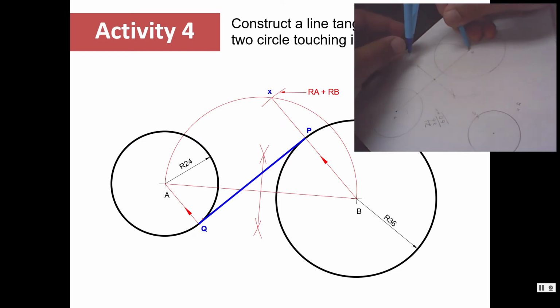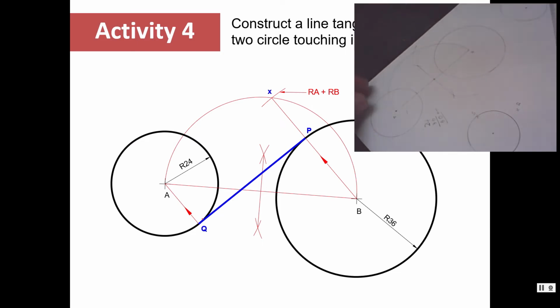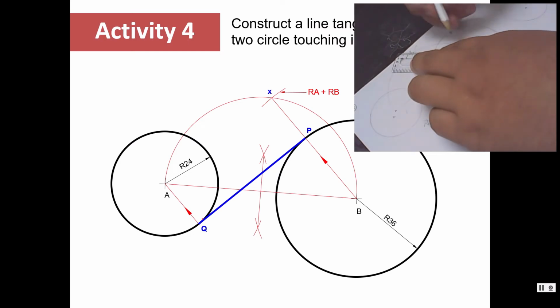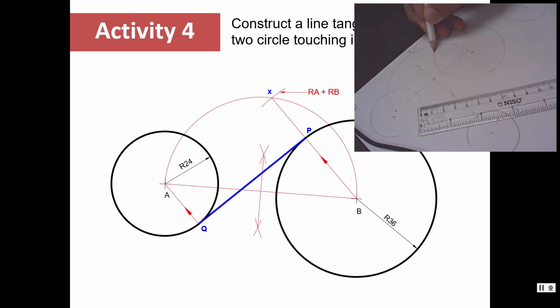Okay, from point B, 60. So this is the X point. Now what we want to do is to just draw a straight line from point B to X, touching the line of the circle. So at this point will be P.